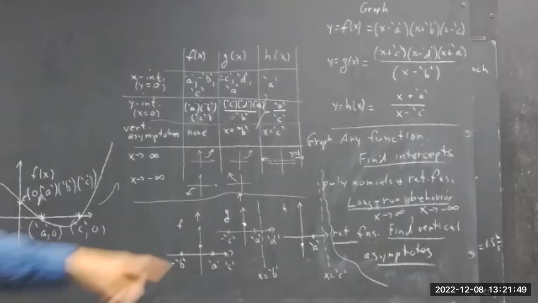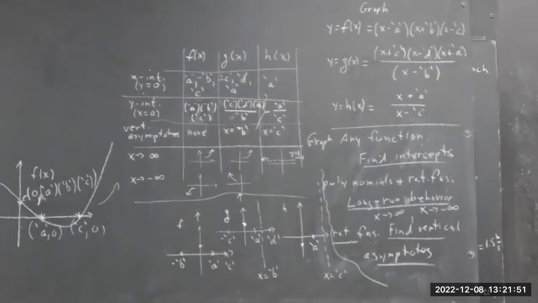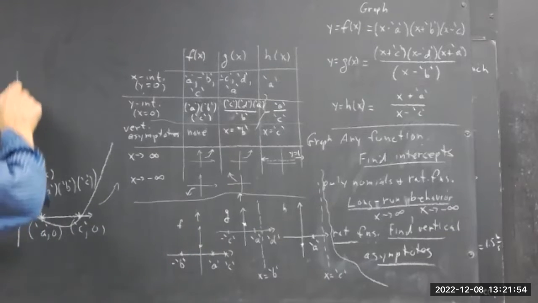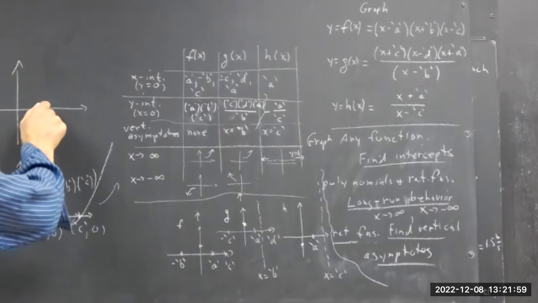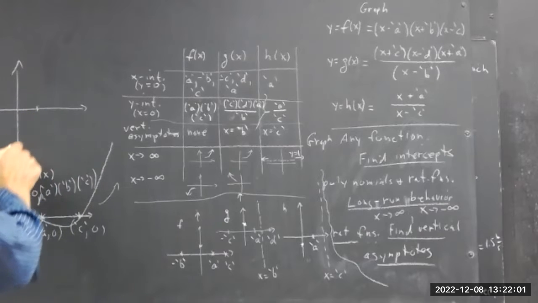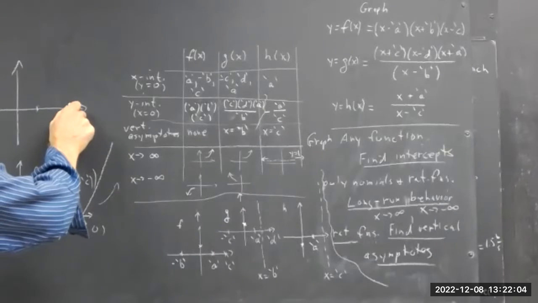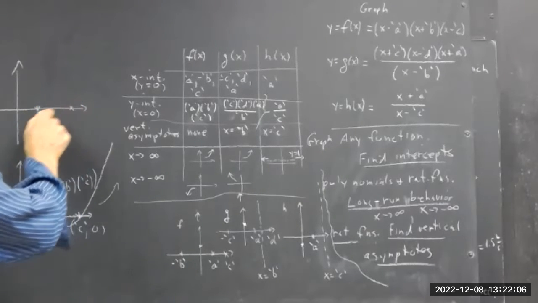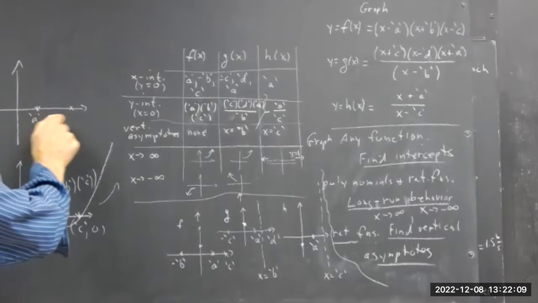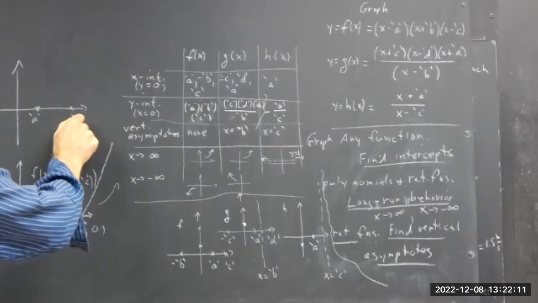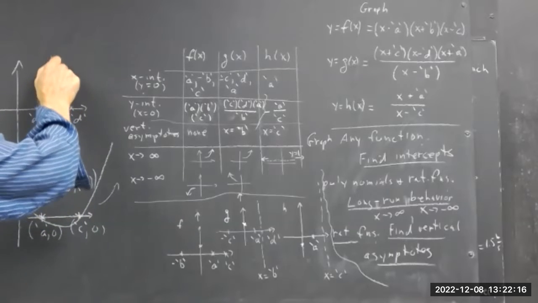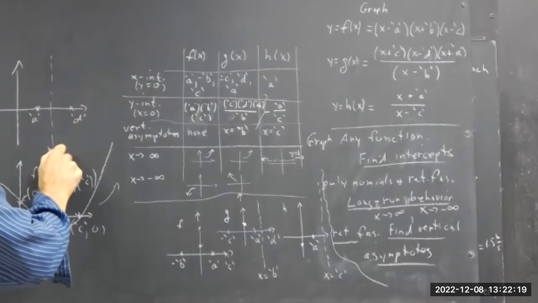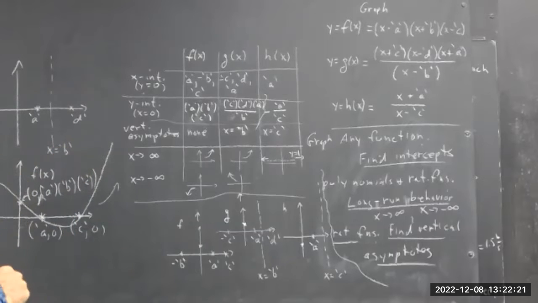The G function. Well, let's copy down what we already know. You've got a point here and a point here. This is A, this is D, a vertical asymptote at x equals B, and then you have your C over here.